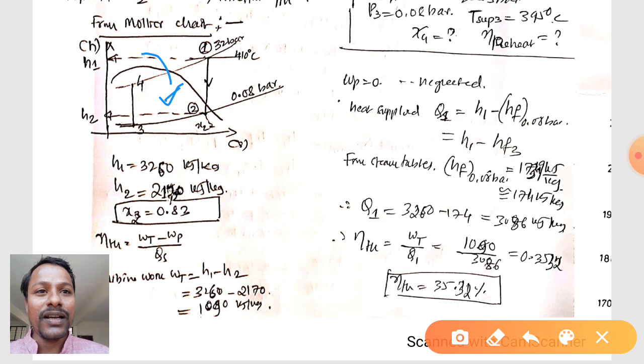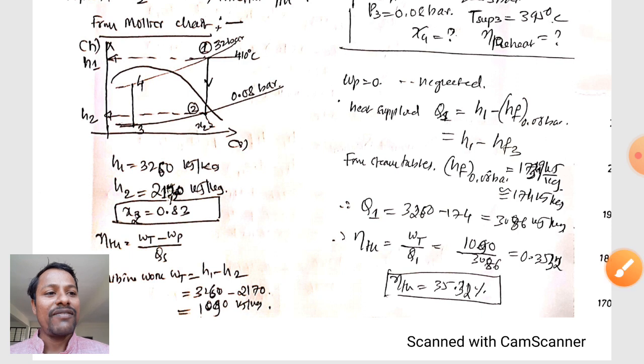If you refer to my earlier theory videos, it is mentioned why HF4 and HF3 are the same. So if you wish to get the enthalpy value at state 3, we need to refer to the steam table. So from the steam table we can get the value.